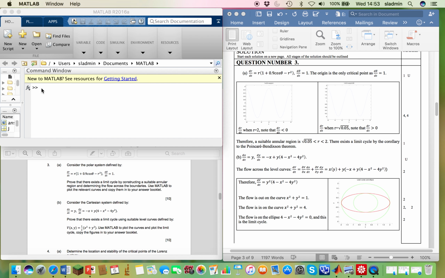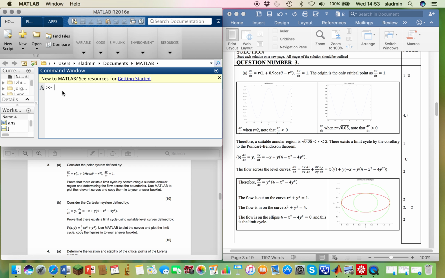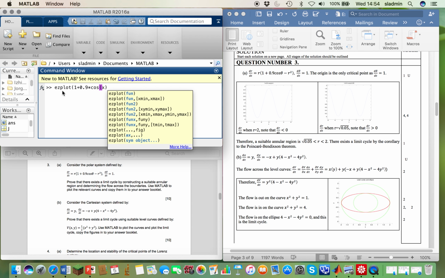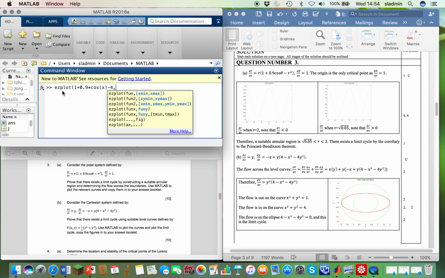How do we plot that curve? Well, we just use ezplot. So we do ezplot, and the curve is 1 plus 0.9 times cos of theta, so we'll just use x and then take away 4. And we'll plot that for 0 to 2 pi.